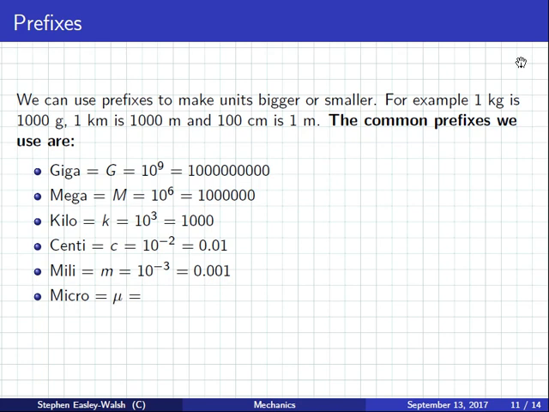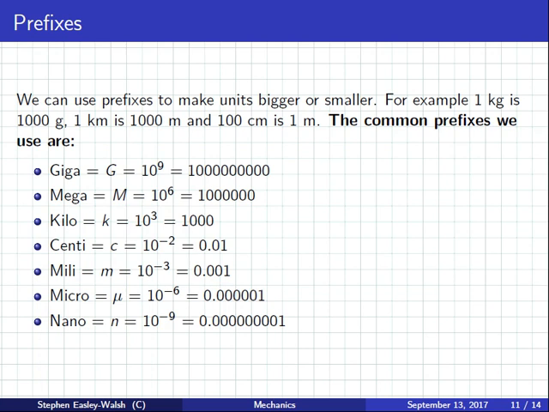Mu. 10 power minus 6. And the last one we'll do, after micro. Nano, letter. Very good. How many zeros? 10 to the minus 9. Quite a small unit. Good, good.